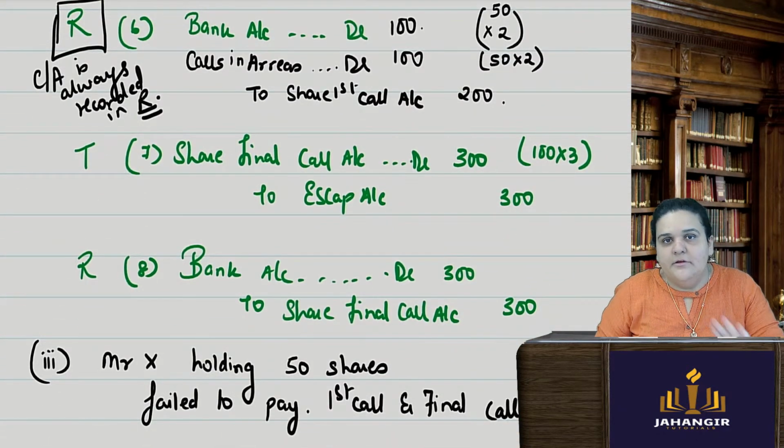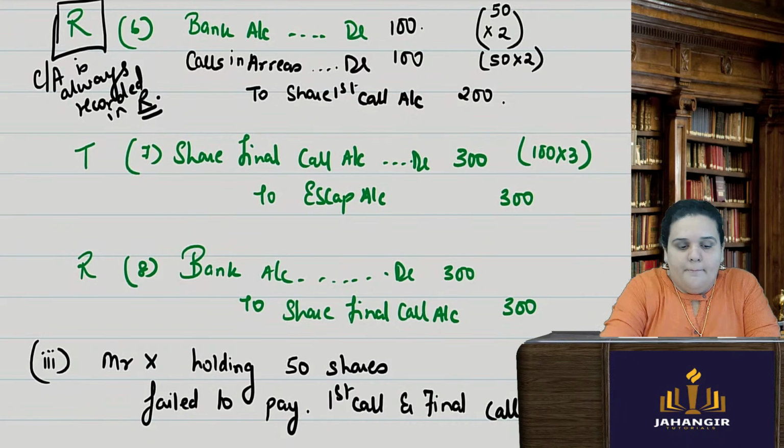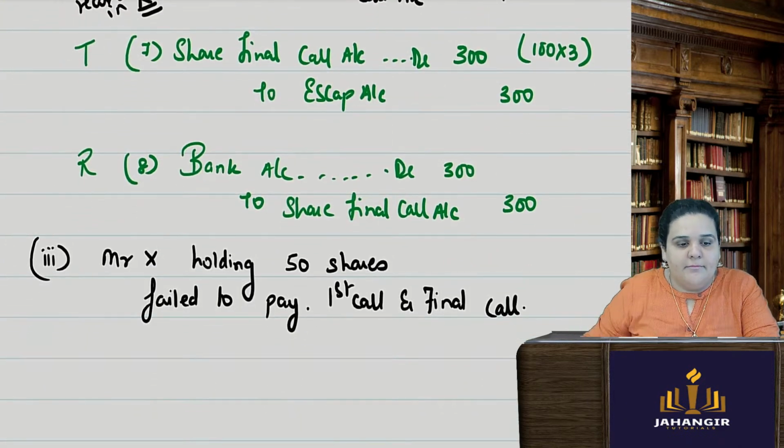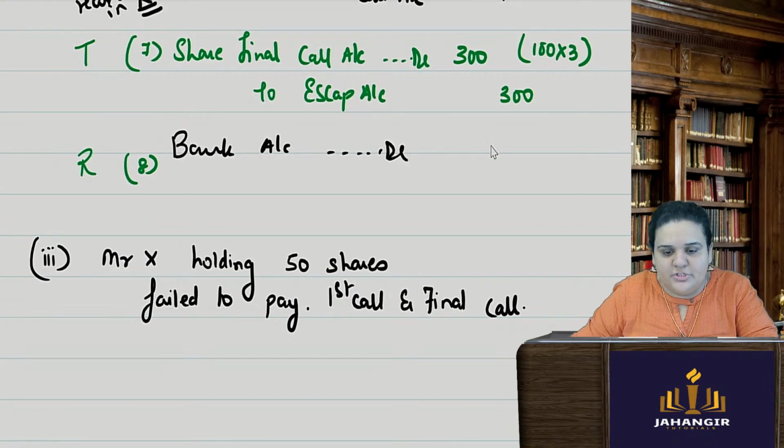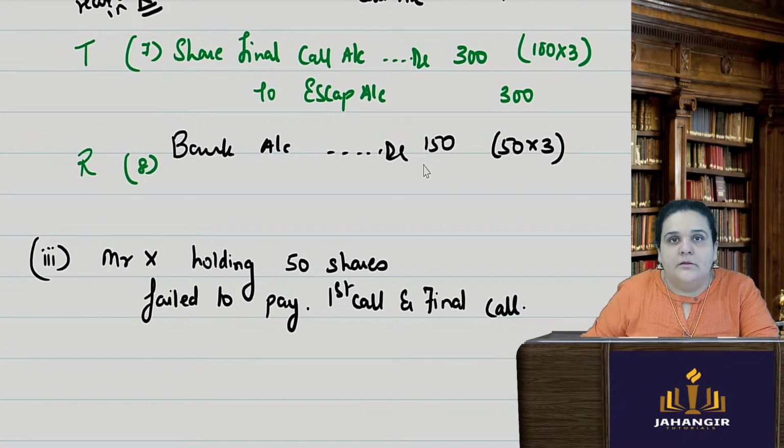Now what happened is, I came to my final call. I transferred from share final call account debit to equity share capital. Transfer is already done. But when the time of payment came, in the bank I received money only on 50 shares, 150 rupees.